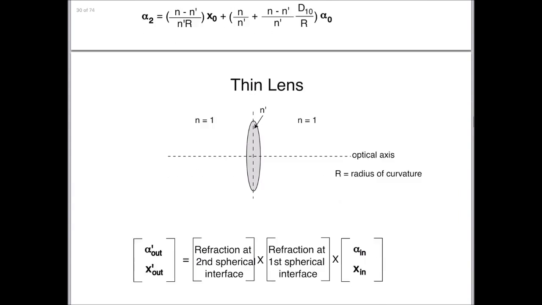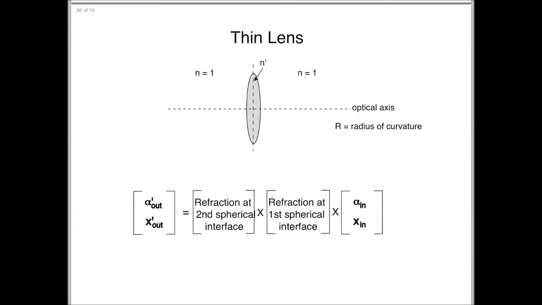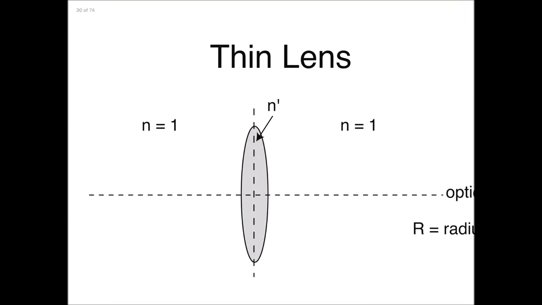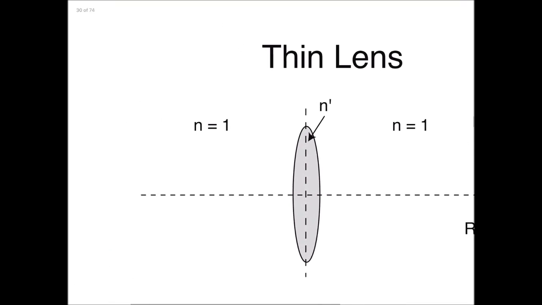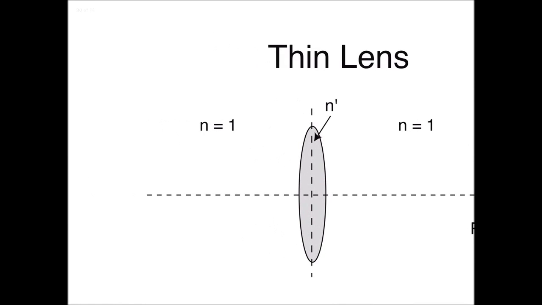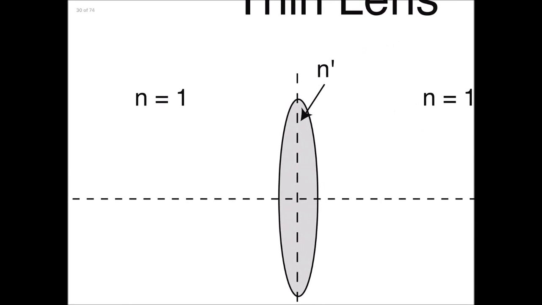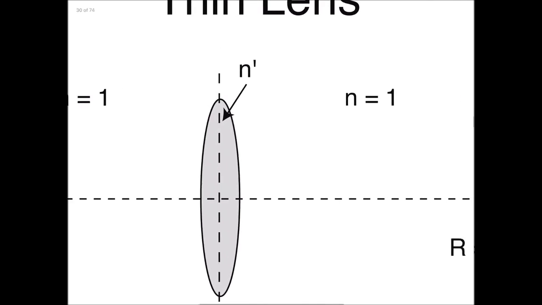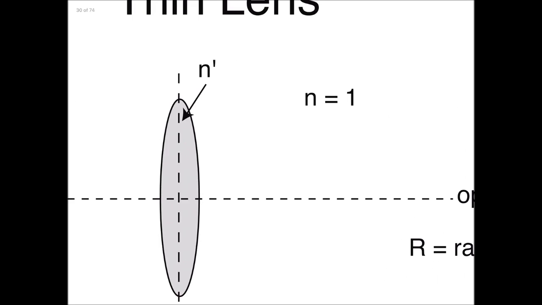Okay, so let's begin with the case of a thin lens. So this is one of the most simple cases of optical elements, and by a thin lens we mean that if a ray of light enters from the left, goes towards the right, so if it enters the lens from the first spherical interface, it will suffer refraction and then immediately strike the right interface, suffer refraction, and come out of the lens.